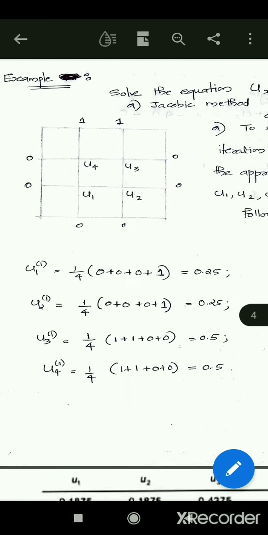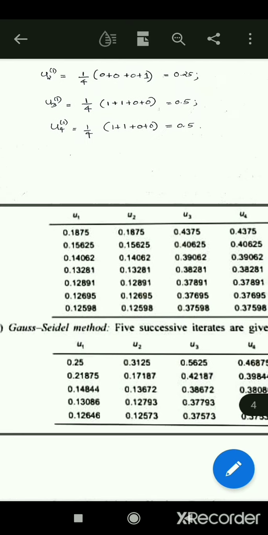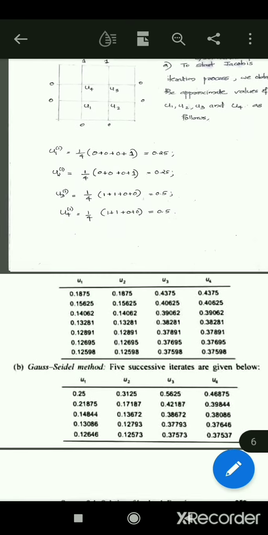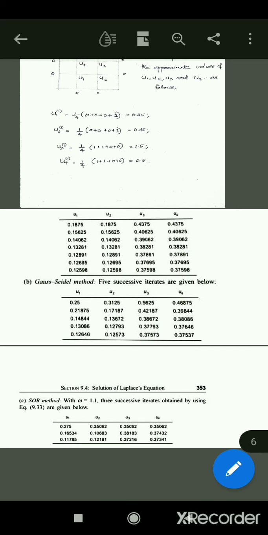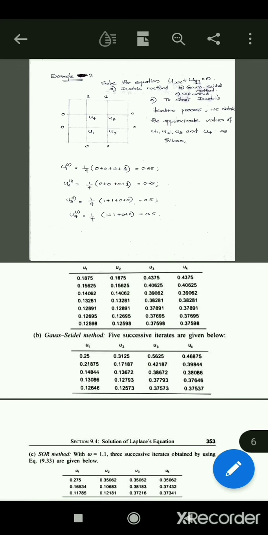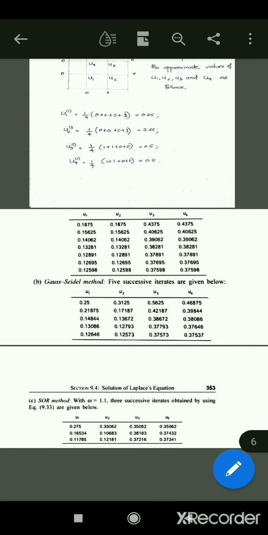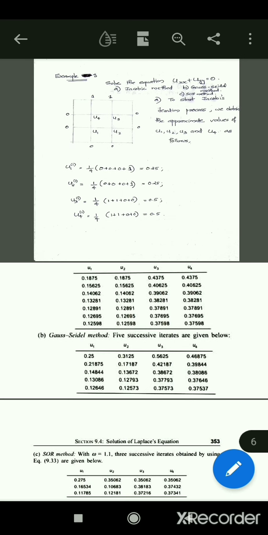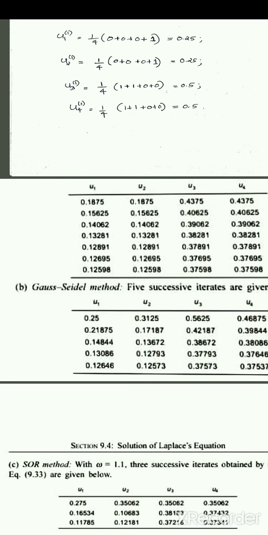So the values are found, and we iterate, and we get the values like this. Then we apply the Gauss-Seidel method and get the iteration values there, and putting omega equal to 1.1 in the successive over-relaxation method, we get the successive iterates of u1, u2, u3 and u4.